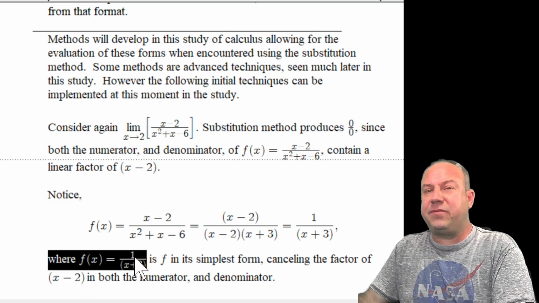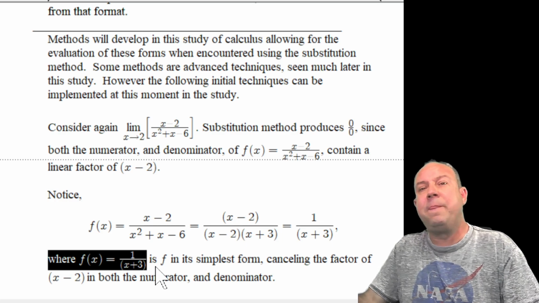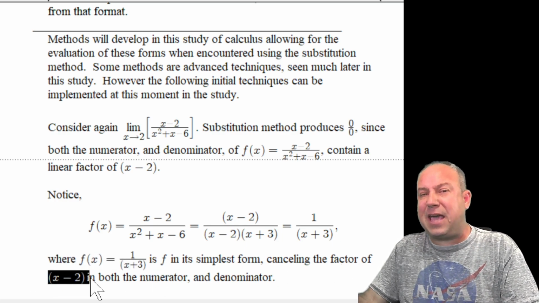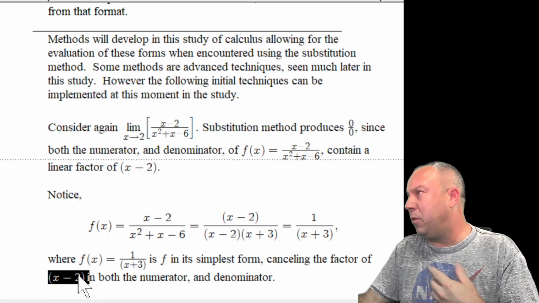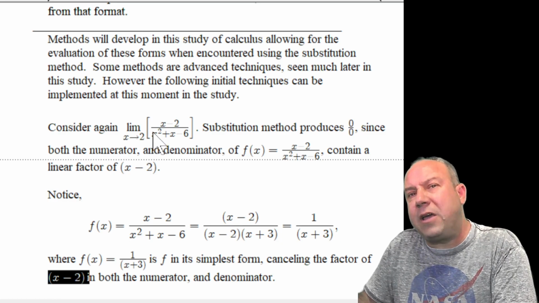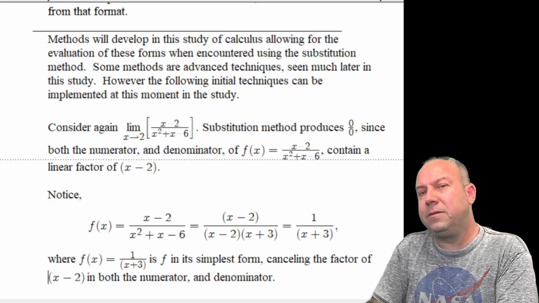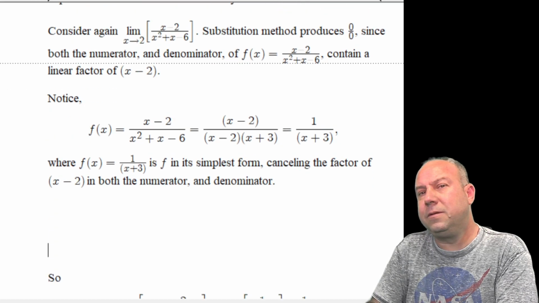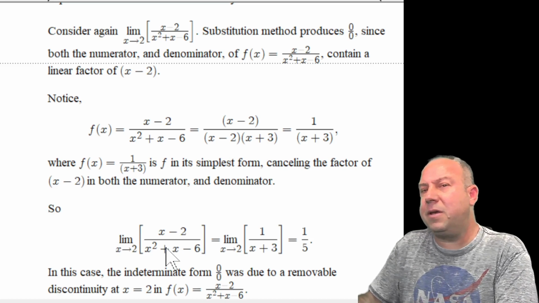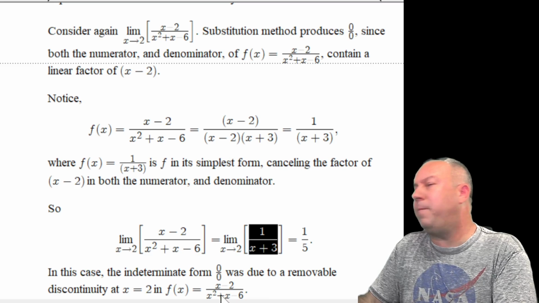Where we can end up saying, in a sense, f must then be equal to 1 over x plus 3 in its simplest form, canceling that common factor of x minus 2 in both the numerator and denominator. So if I go back and replace that into my limit here, I see that is what I end up doing in my limit calculation.